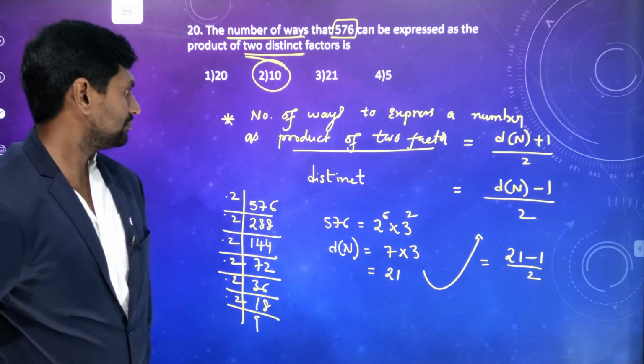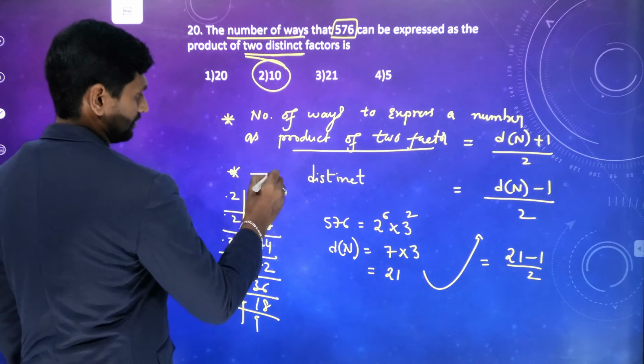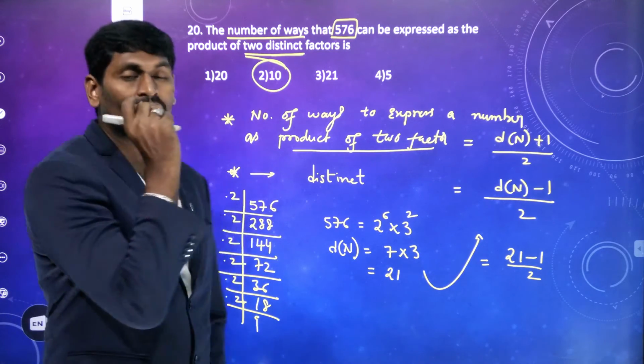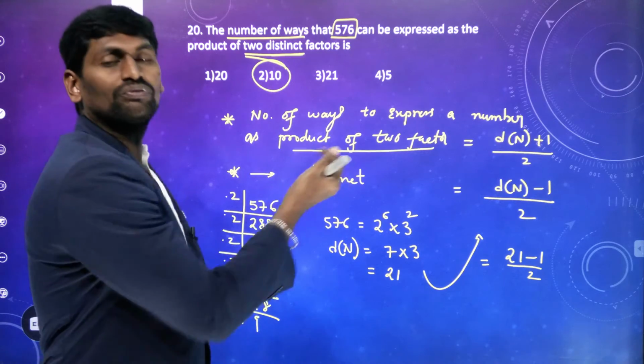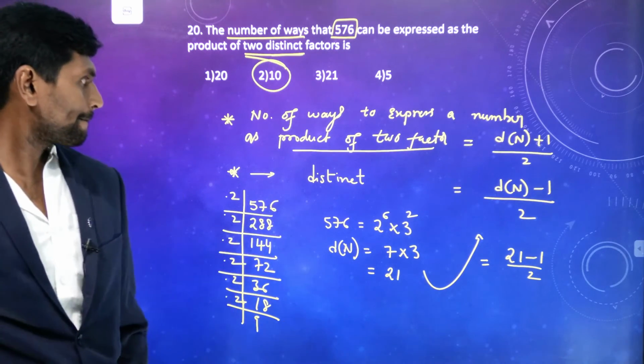This formula is very, very important for how we express 576 or any number as a product of two factors.